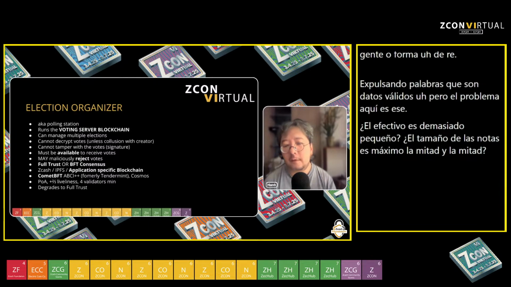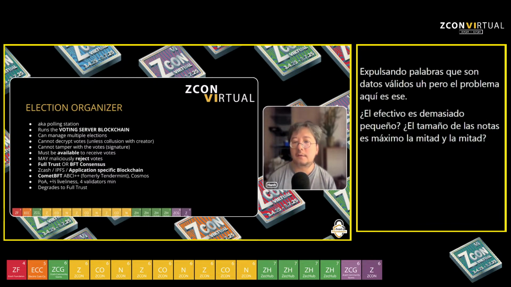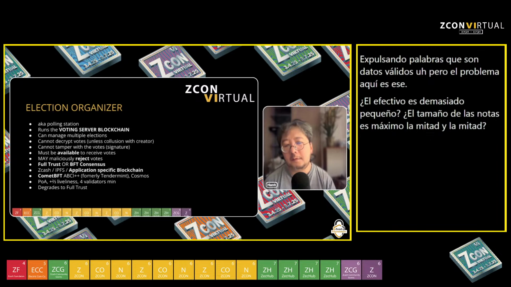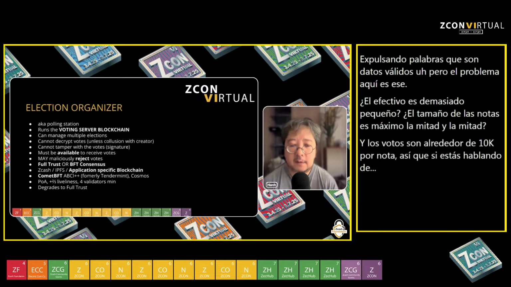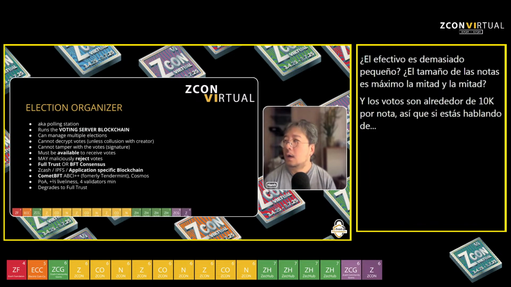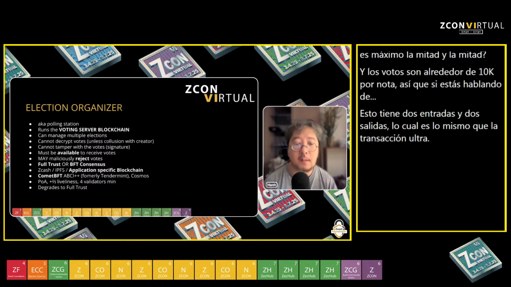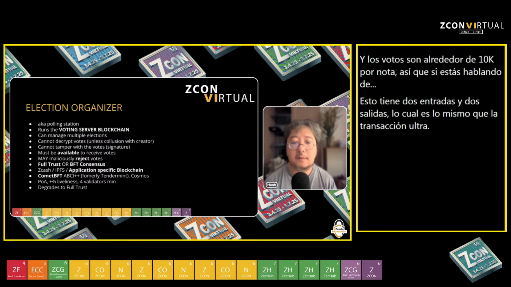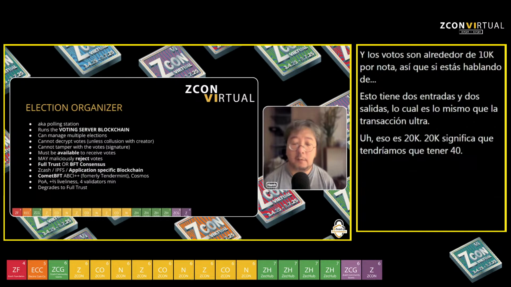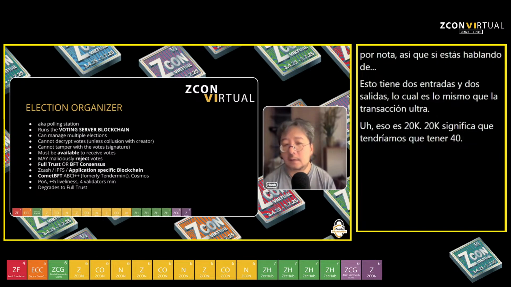So if you're talking about a typical vote that has two inputs and two outputs, which is the same as an Orchard transaction, that's 20K. 20K means that we would have to have 40 memos. So you have to pay for that, of course, out of ZEC.